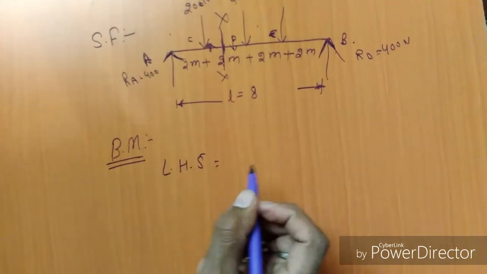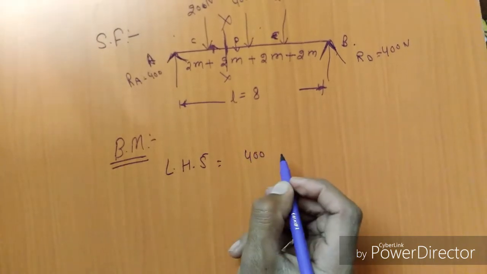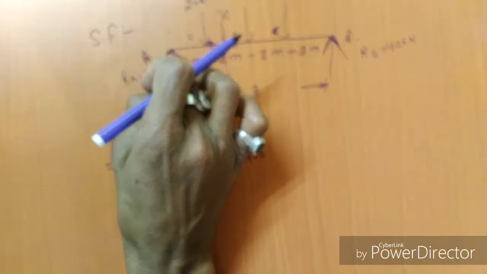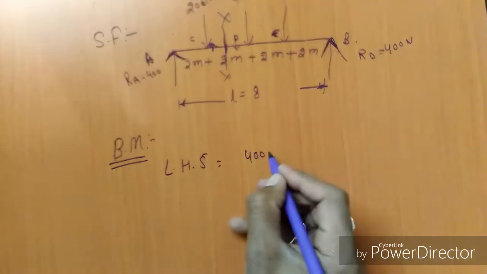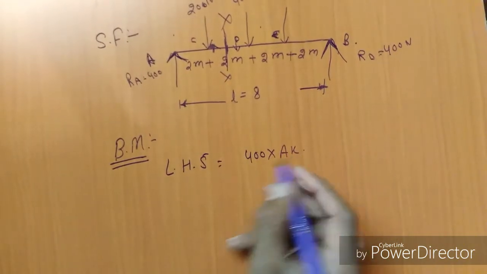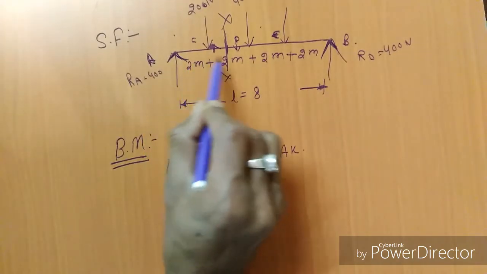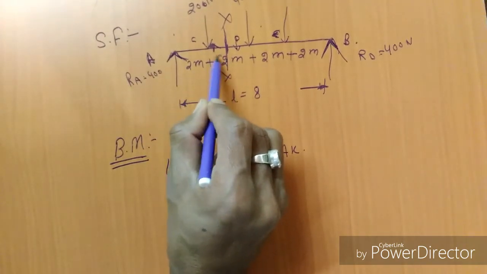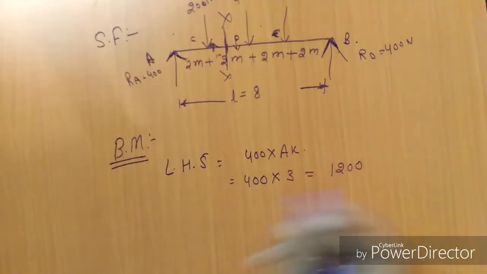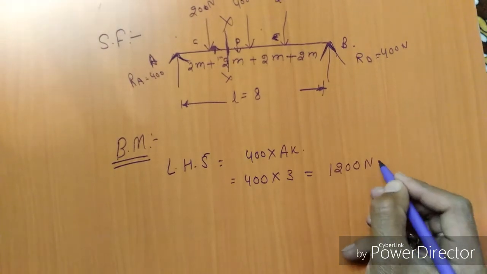From the left hand side there is one upward force, that is 400, and what will be the distance from x to A, because A is the reaction 400. So the moment is 400 into the distance 2 meter plus half of 2, that is 1 meter, 3 meter, that is 1200 Newton meter.